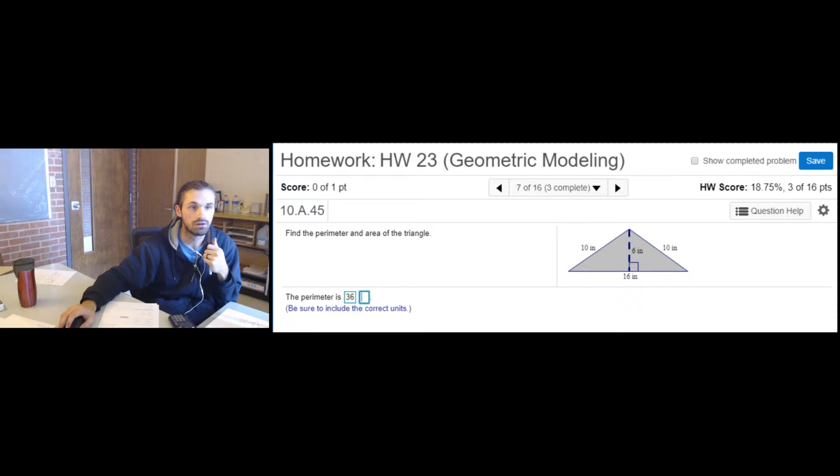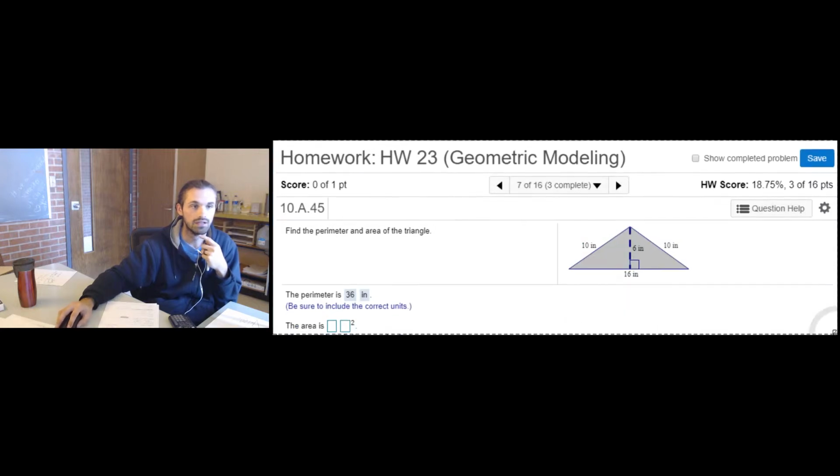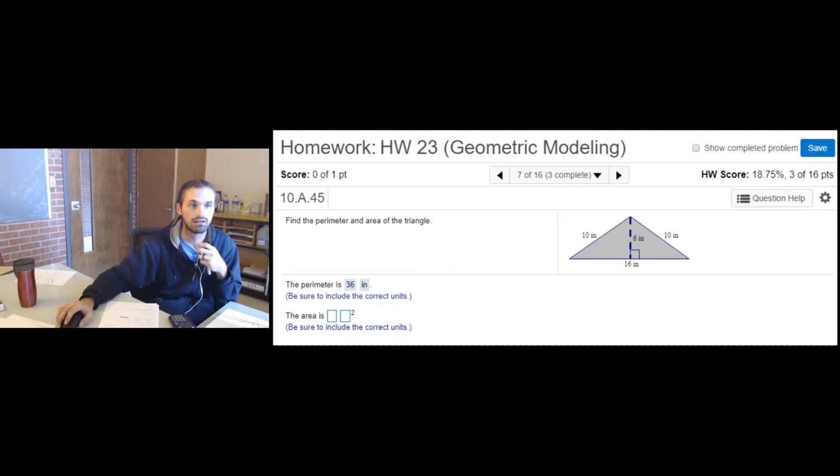Be sure to include the correct units, 36. Everything is given in inches, so this is inches. Hopefully it appreciates that format, and it does. Yay, we got it. The area is blank.